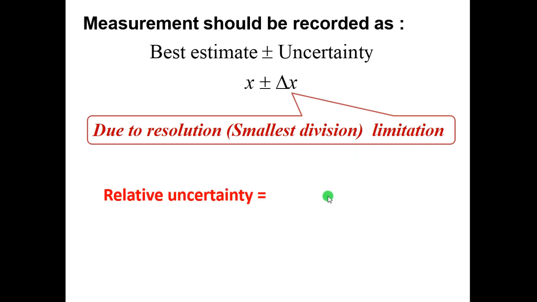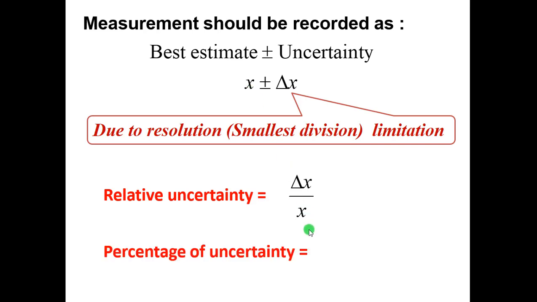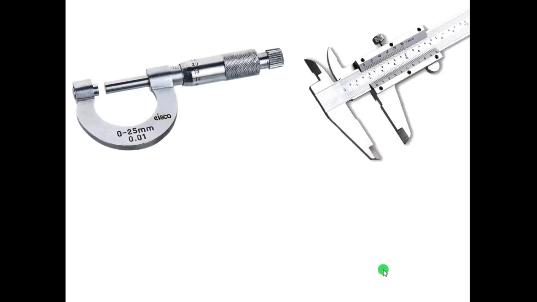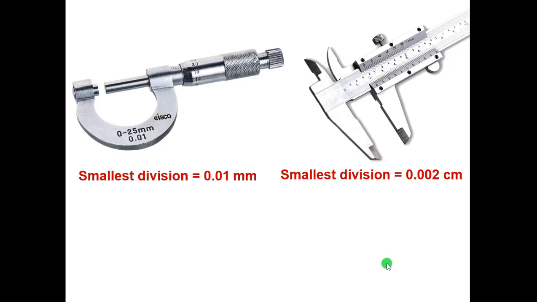Then, we can calculate the relative uncertainty by taking the uncertainty delta x divided by the value of the measurement x. The percentage of uncertainty will be delta x over x multiplied by 100%. Different measuring instruments might have different sensitivity.